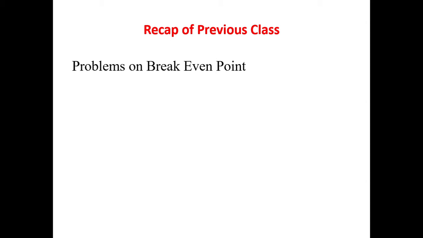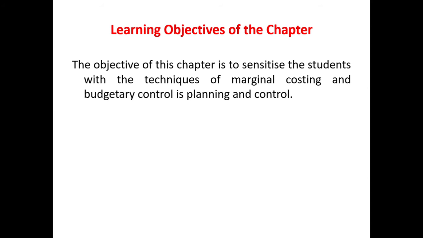As I told in the previous classes, we have solved some problems on break even point. The main objective of this chapter is to sensitize the students with the techniques of marginal costing and budgetary control, that is planning and control.